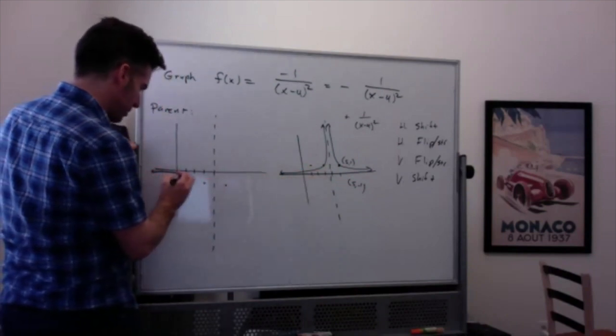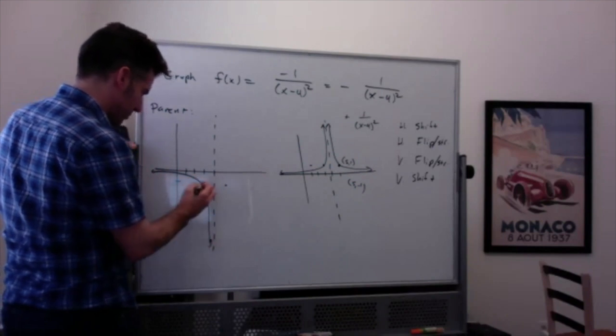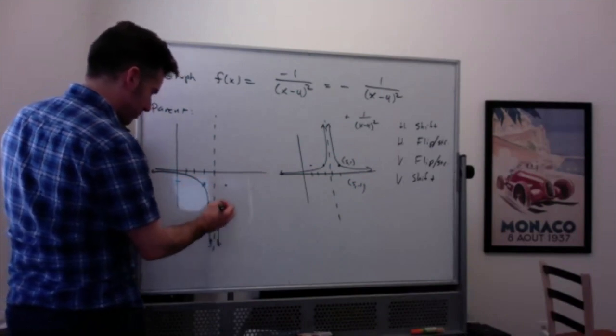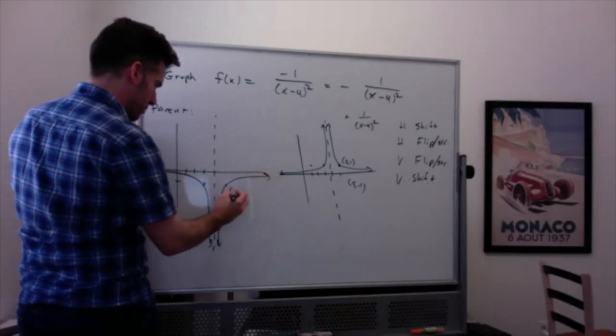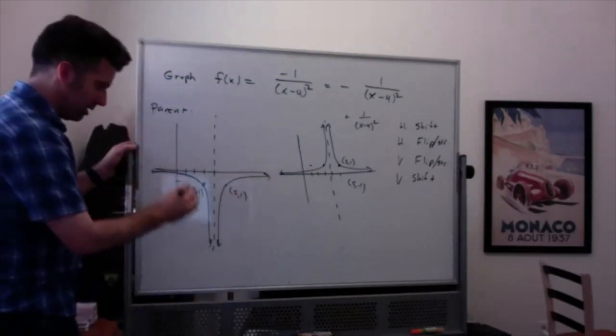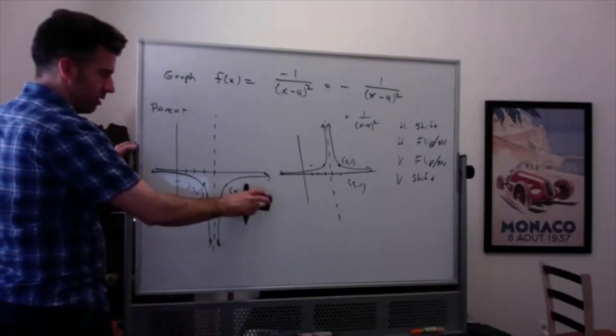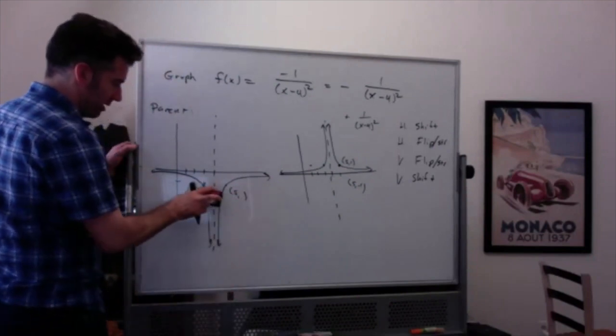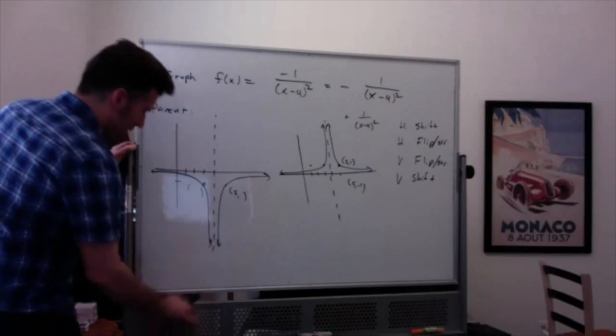It's going to look like this. Oh, sorry, I labeled those wrong. That's a 5, negative 1, and that's a 3, negative 1.